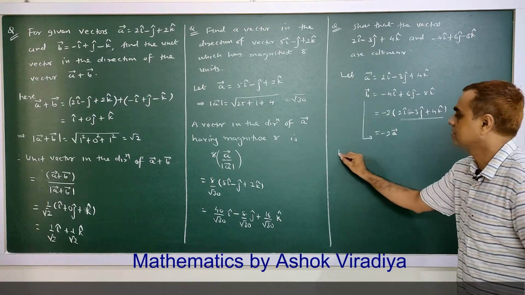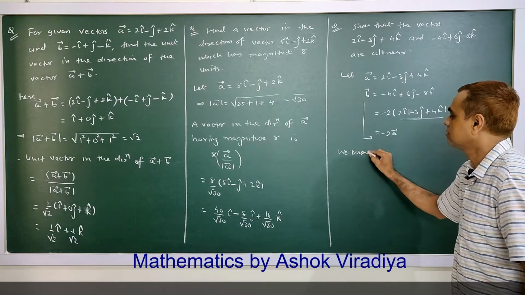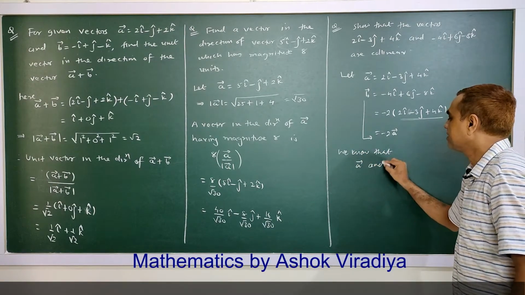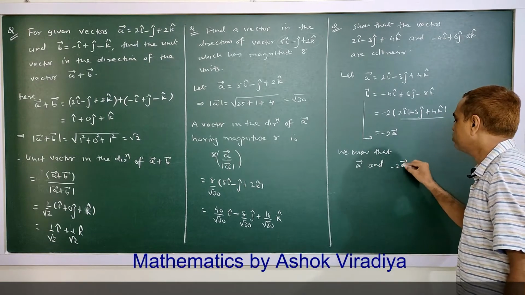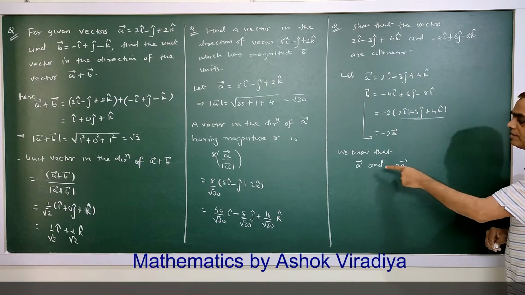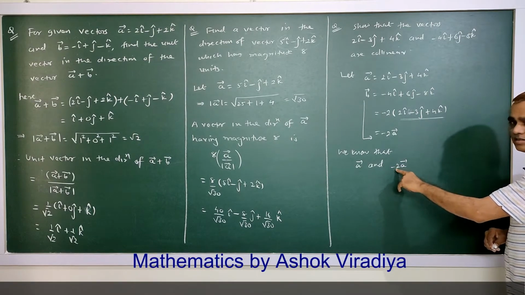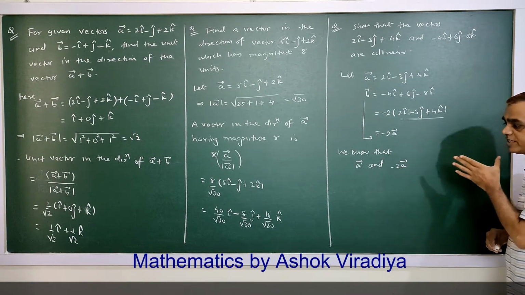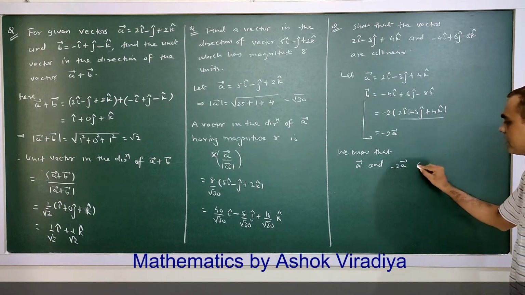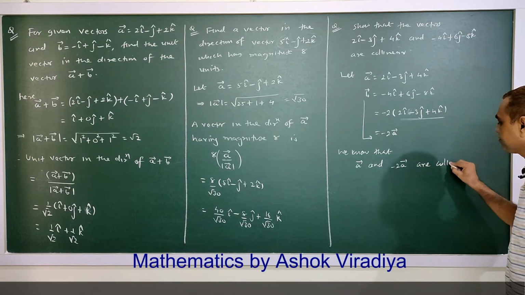Now we know that vector A and vector minus 2A, this is obtained by multiplying vector by a scalar. So these are in opposite direction. So these are collinear.